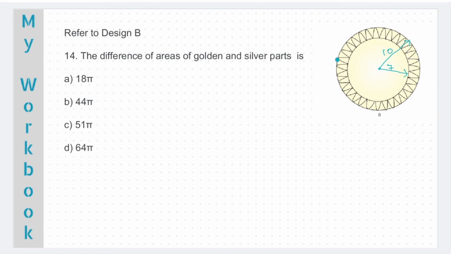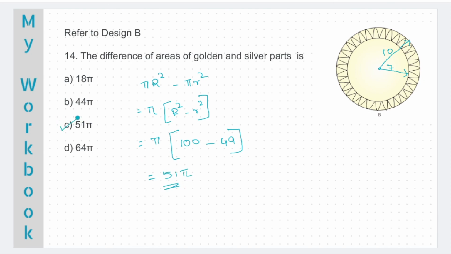So the area of this band between the two circles will be area of the outer circle minus area of the inner circle. We can take out pi as common: pi into r square minus r square. The outer radius is 10, so 10 square is 100 and 7 square is 49, so it will be 51 pi. So answer is option C, 51 pi.